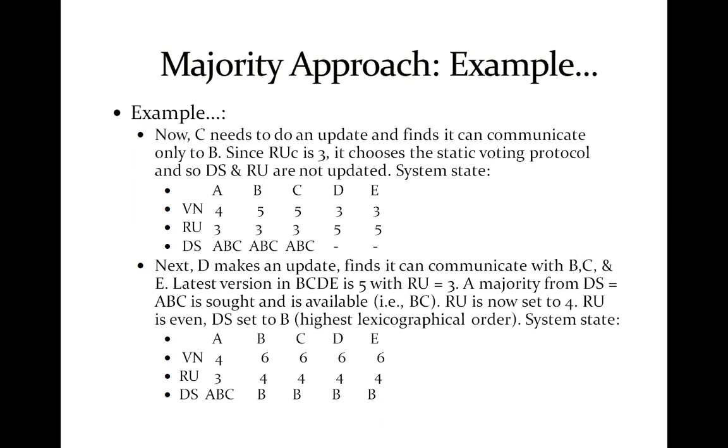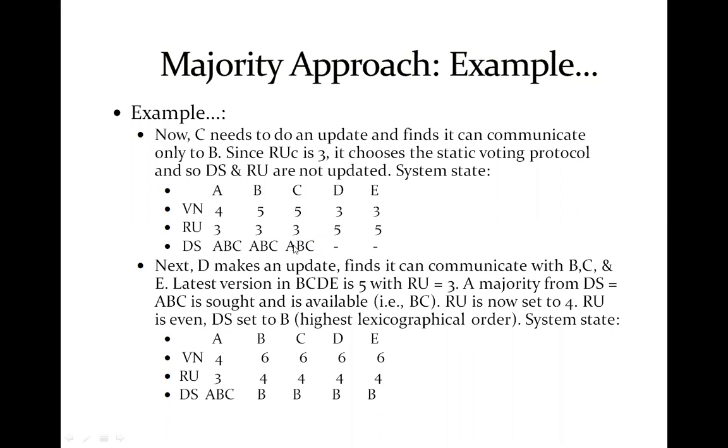It has been found that the static protocol performs better than the dynamic protocol when the RU is equal to 3. So since the DS at site C is ABC, B and C can form the majority among the ABC, and therefore C processes the update.